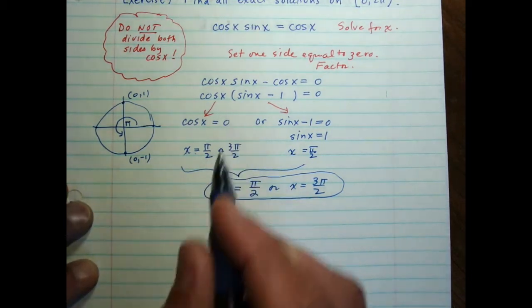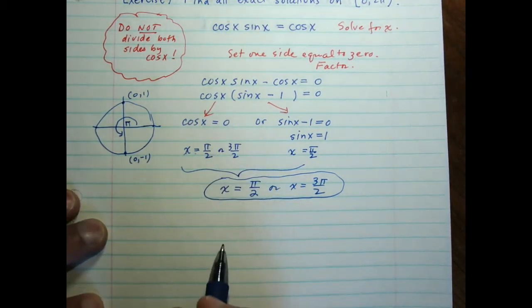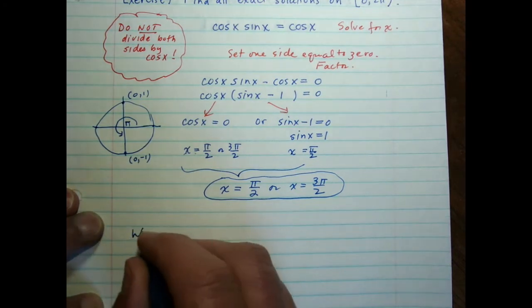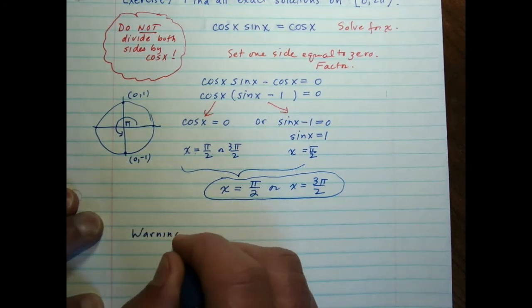Now, I want to just go back to this idea of dividing both sides by cosine x. Call this a bit of a warning.